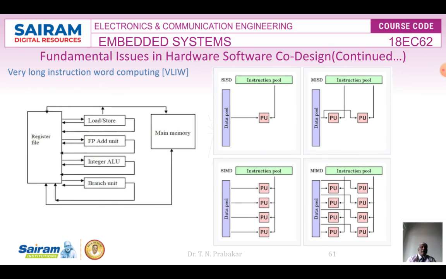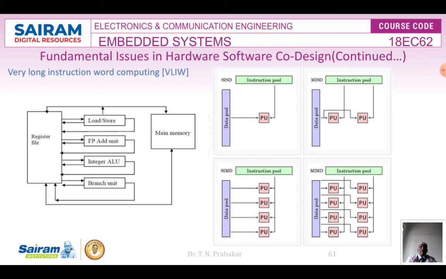This particular diagram gives an idea about VLIW, which stands for very long instruction word computing. It is actually a collection of instructions which will be processed using a set of register files, and stored in the memory temporarily.